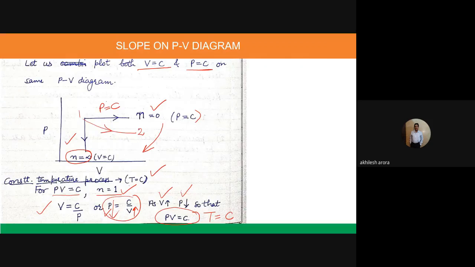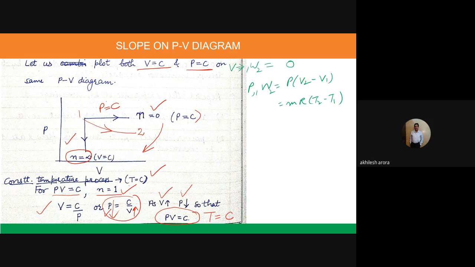Okay, I will write all the equations here for you. If it is a constant volume process, what is the value of W1 to 2? For constant volume, the value is 0. If it is a constant pressure process, the value of W1 to 2 is equal to P into V2 minus V1, which can also be written as MR into T2 minus T1.